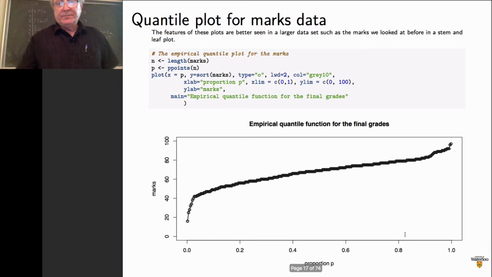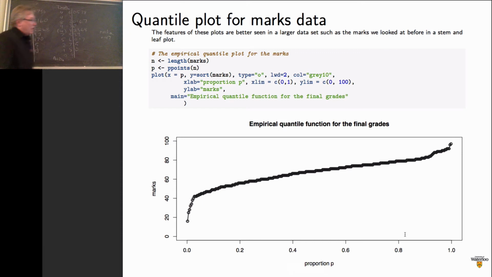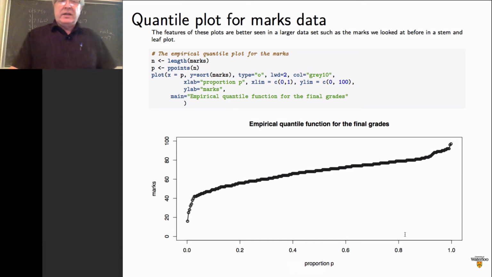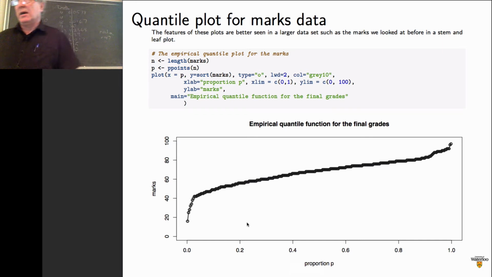Okay. If I look at the marks, it's the same sort of thing. And again, people standing underneath these. Okay? This is called a quantile plot. If you look at the marks, when we saw the stem and leaf, what did we notice?